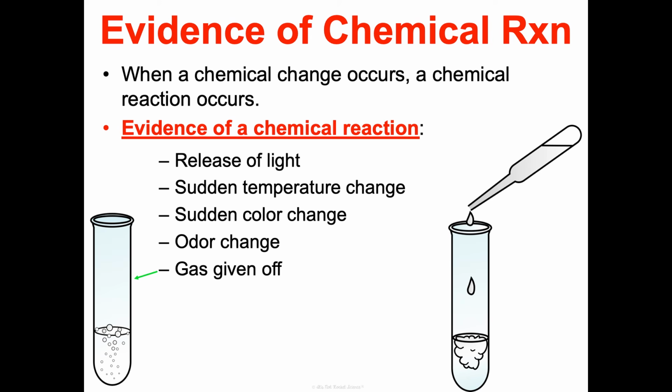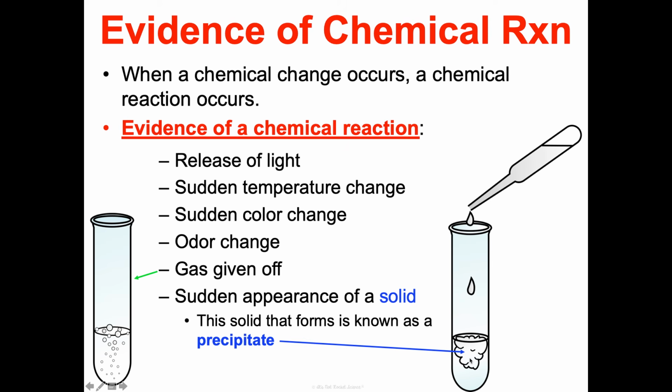A gas being given off. We like to say if it effervesces, that's when it starts bubbling. That's usually a sign of a chemical reaction occurring. Another is the sudden appearance of a solid. So if you're adding a liquid to another liquid and all of a sudden it looks like a solid's appearing, that solid is called a precipitate. That is another sign that's evidence of a chemical reaction.